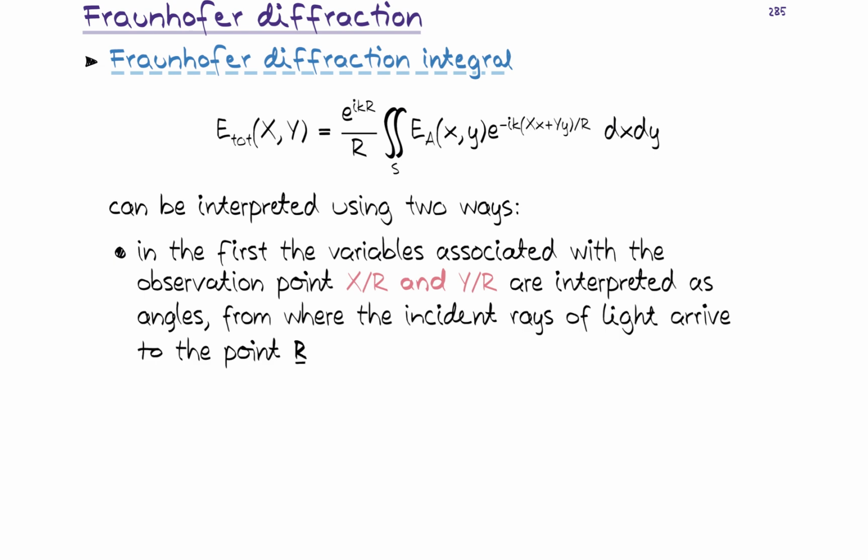And when we understand them as angles, we can see that this Fraunhofer diffraction integral is in a way summing light that is coming from different directions into the observation point. So this would be my physical interpretation of the Fraunhofer diffraction integral.